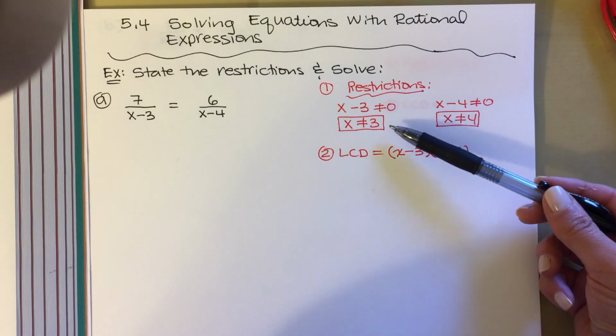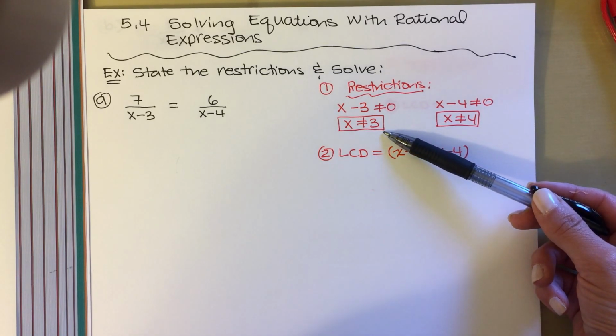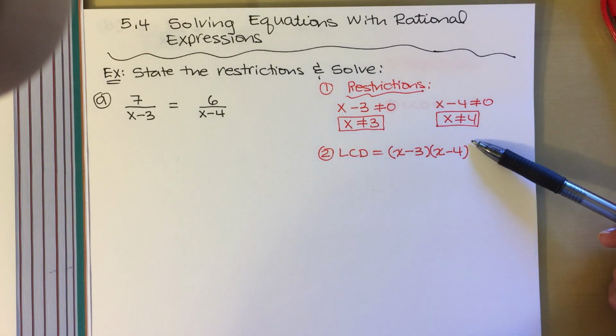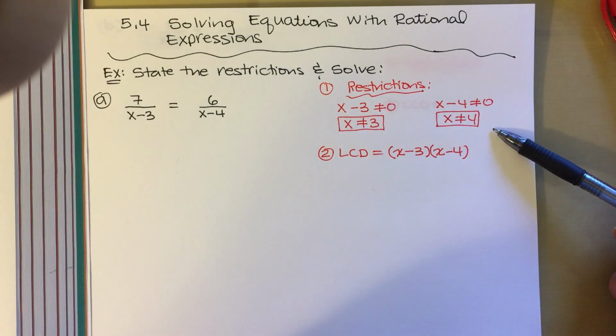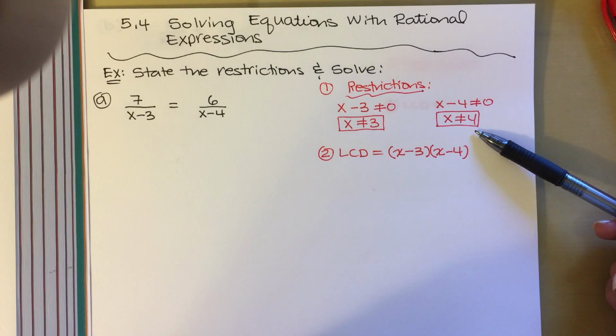And then we solve each of these for x, and we get that x should not be 3, x should not be 4. These two values will make the denominator 0, and we do not want to divide by 0 because that will be undefined. So the restrictions for this problem are 3 and 4.